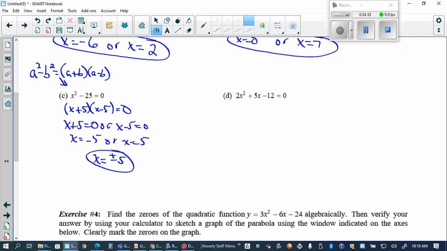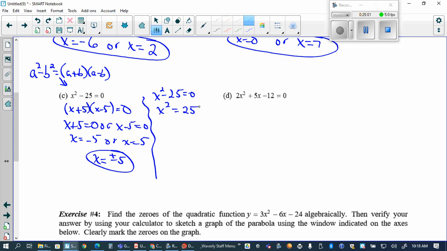Plus or minus 5. Let me show you another way to solve this, because it does not have an x term, so it doesn't have to equal 0 to solve it. So let's do this. x squared minus 25 equals 0. So normally what would we do then? We're not going to factor it. Add 25 to both sides. What's that leave us then? x squared equals 25.